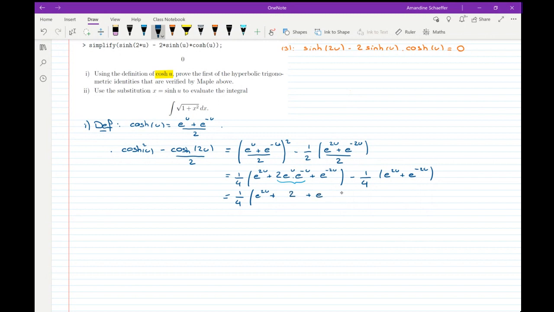Then exponential minus 2u, and over there I had negative exponential 2u and negative exponential minus 2u. Getting there, and then exponential 2u, I have 1 here, minus 1 here, exponential minus 2u minus exponential 2u. So basically everything cancels out except these 2, which gives me 1/2. So 2/4 is 1/2.